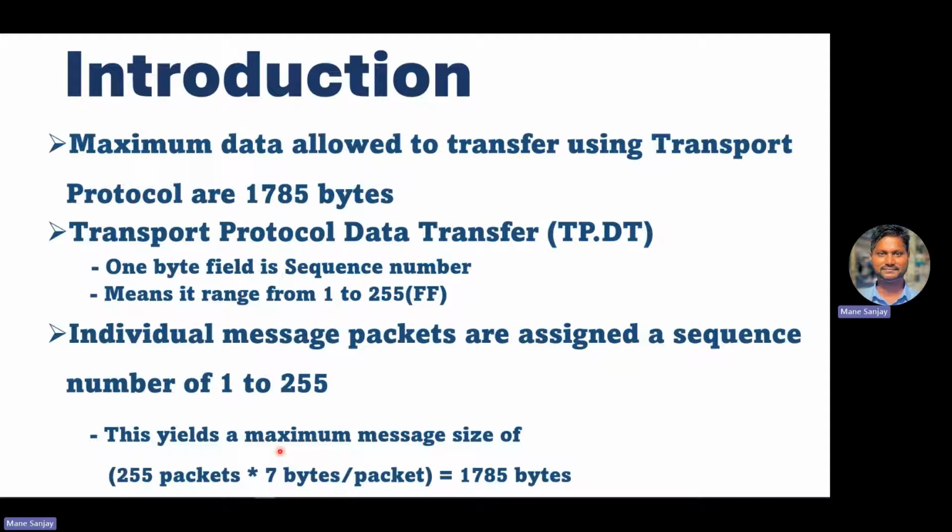How many bytes are left? That's 7 bytes in a single frame. The first one is the sequence number and the 7 bytes are for the actual data. So how many packets can we send? As it is 1 byte, we can send 255 packets. So 255 times 7 bytes per packet. That means how much is the size of the actual data you can send.